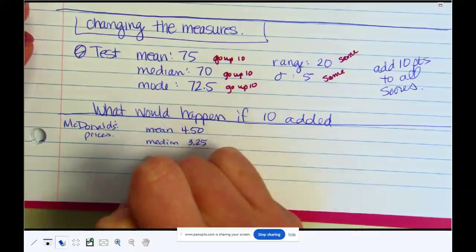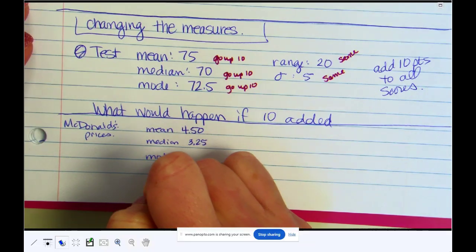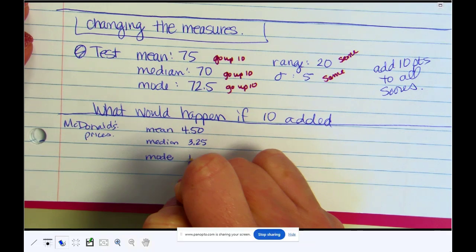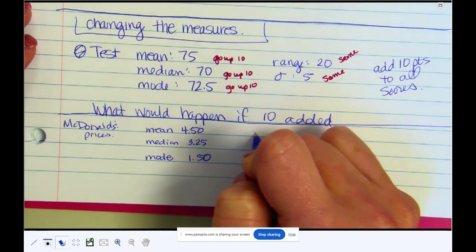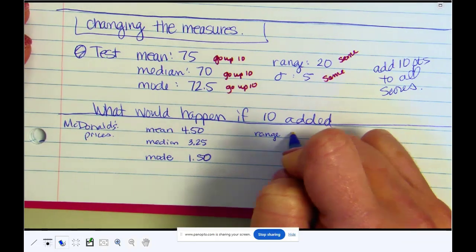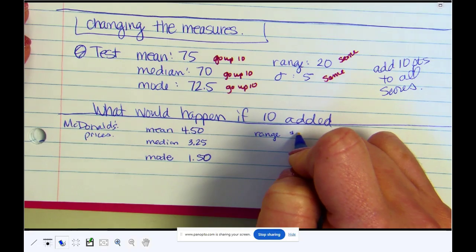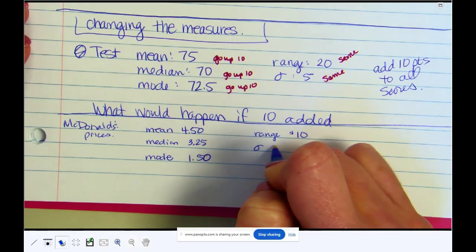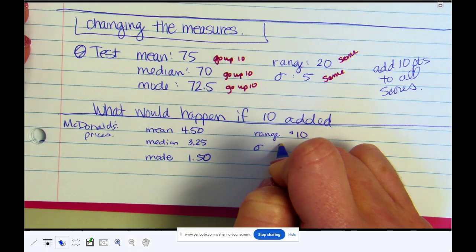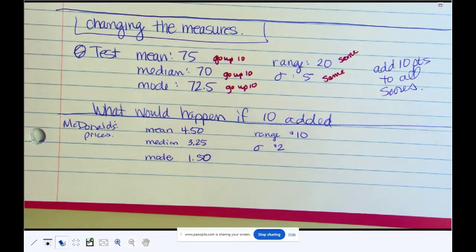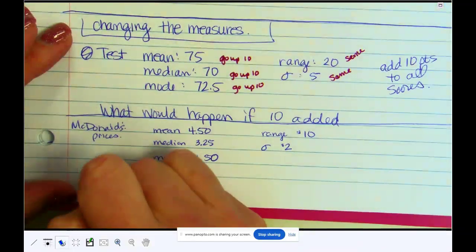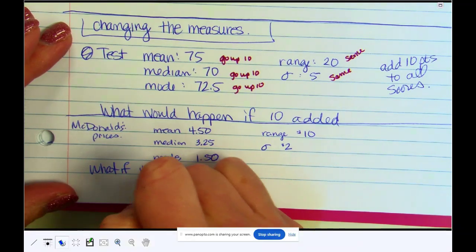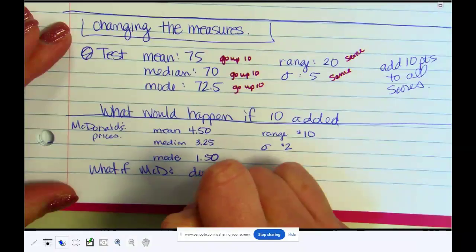I haven't eaten at McDonald's in a long time. Their mode price is $1.99. We're just going to put $1.50 to make life easier. Their range of prices is $10, and their standard deviation is 2. It's always good when you can make things up. So here's our question. What would happen if McDonald's doubles all their prices?